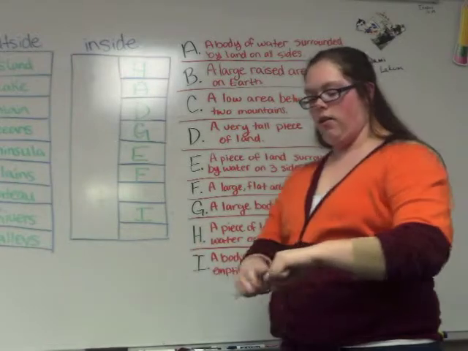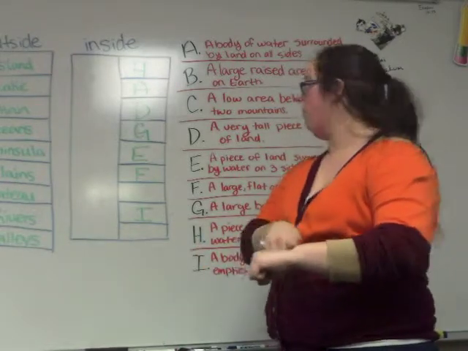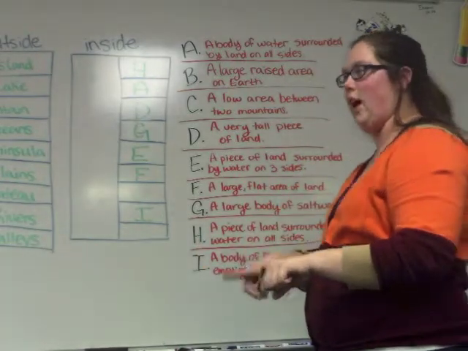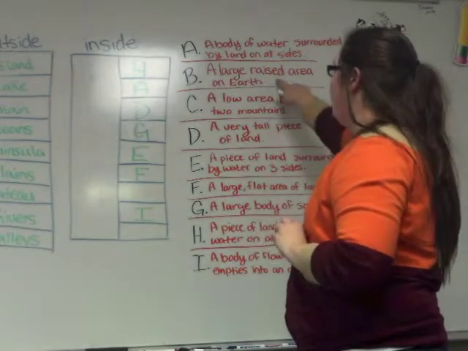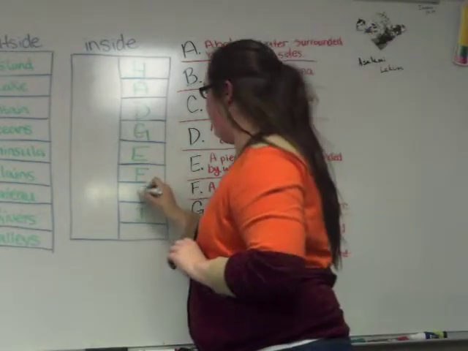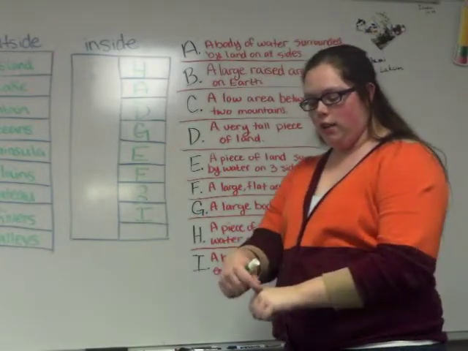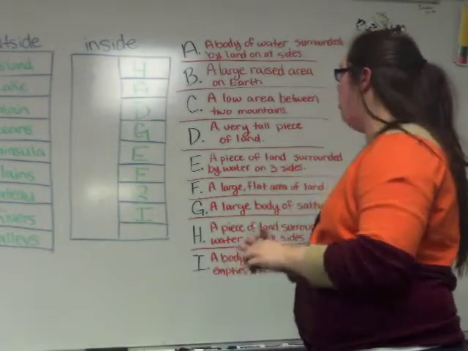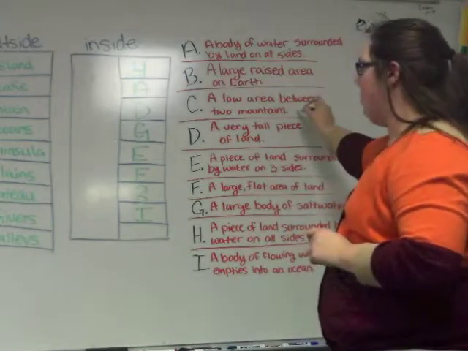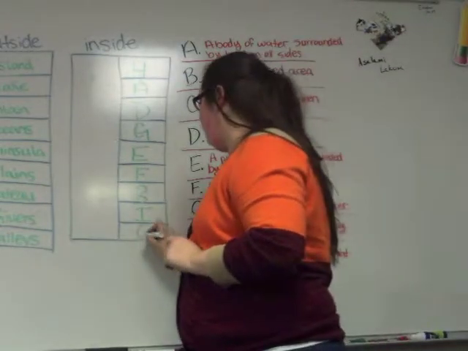Next is a plateau, and we said that it was this part of our hand. It's raised up and it's flat on the top. So a large raised area on earth is a plateau, and the last one is valleys. We have valleys on our hands in between our 2 mountains, so they're low places. So a low area between 2 mountains is a valley.